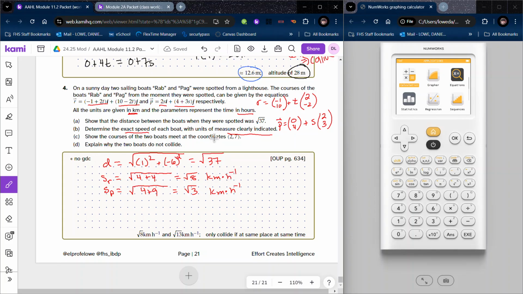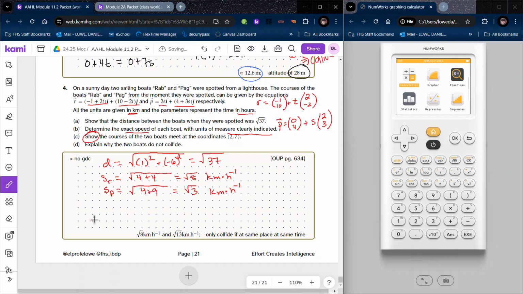Right, show the courses of the two boats meet at the coordinate 2, 7. So if the courses meet at 2, 7, that means that I have a solution. And notice that it says show, it doesn't say verify.